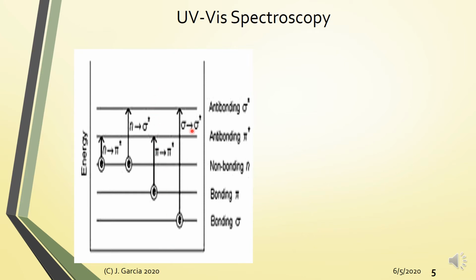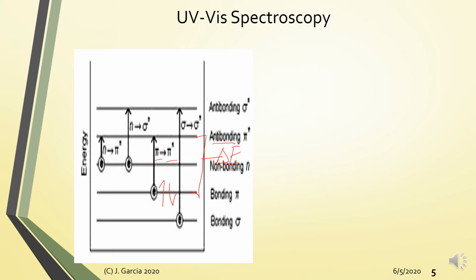Now, similar to the discussion on atomic spectroscopy, if you have an electron in this particular bonding sigma orbital, and you allow this molecule to absorb electromagnetic radiation energy corresponding to the difference in energy level between the bonding and the anti-bonding pi orbital, then this is what we call a pi to pi star transition.